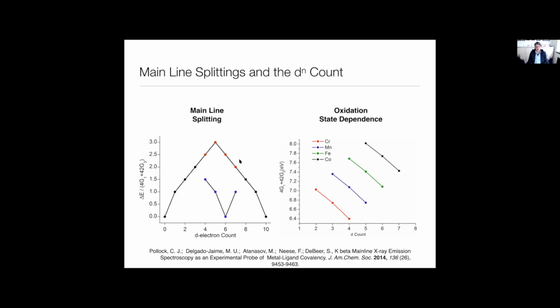By and large that is true, but there is an aspect to it that needs to be taken into account. The oxidation state dependence comes from the fact that the more oxidized the metal is, the tighter its radial function gets, and the tighter the radial function gets, the more exchange interaction there is between the p and the d shell, and that will increase the splitting.